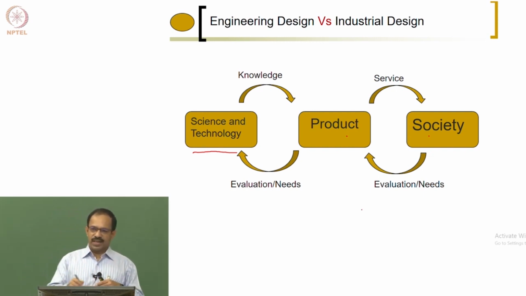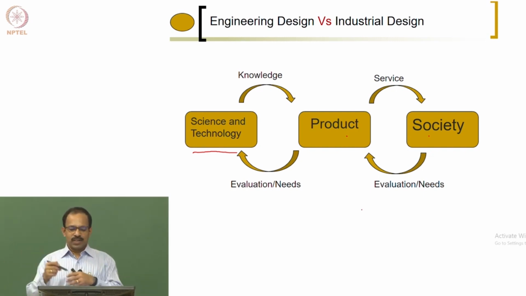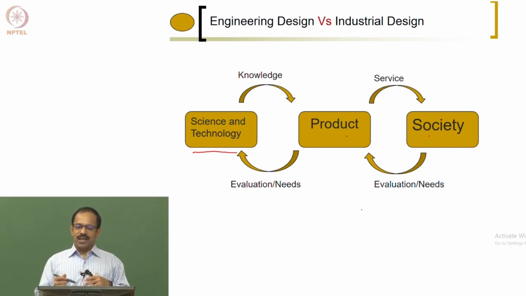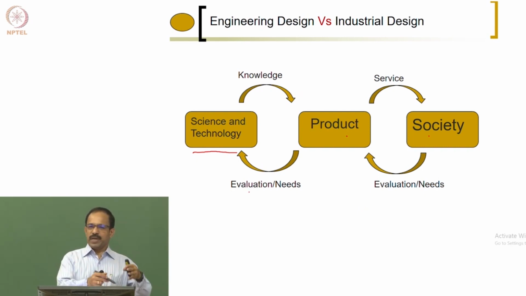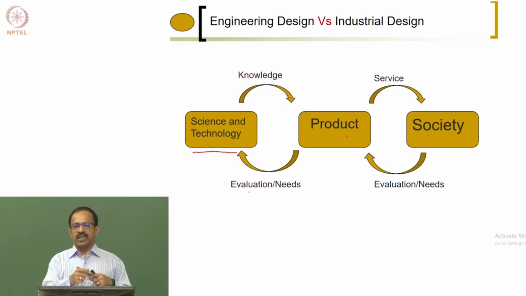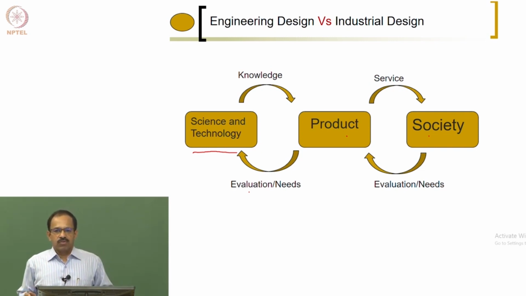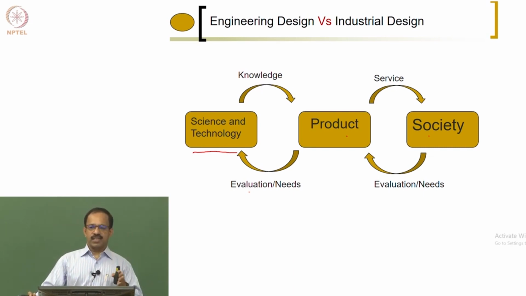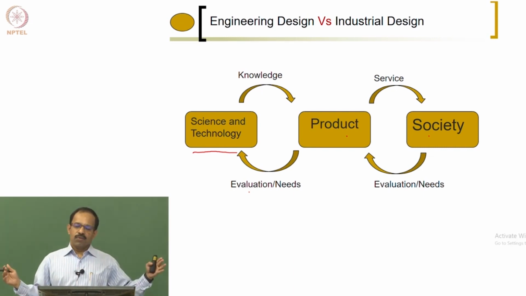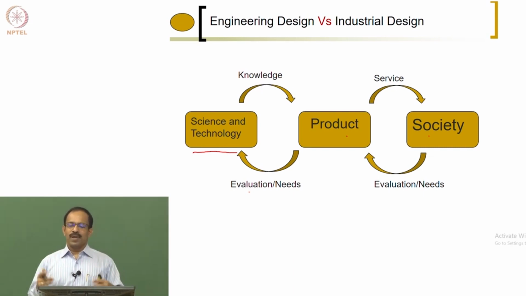And again, it is in a cycle, because society is asking more, then you have to develop a better product. And when you have to develop a better product, you need to have better technology. So it keeps on working in this cycle. So this is how the researchers, designers, and the society fall into a single loop, and then keep developing products for meeting the requirements of the customer.